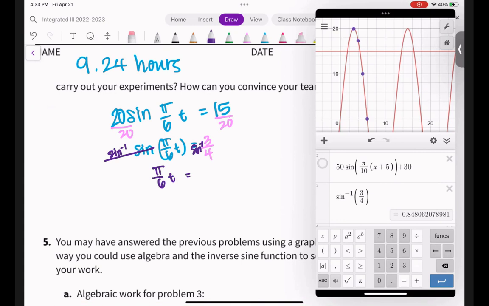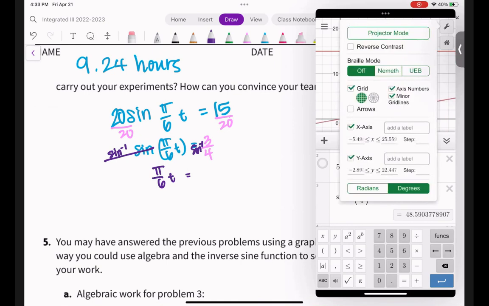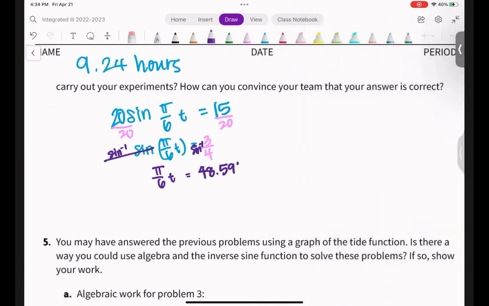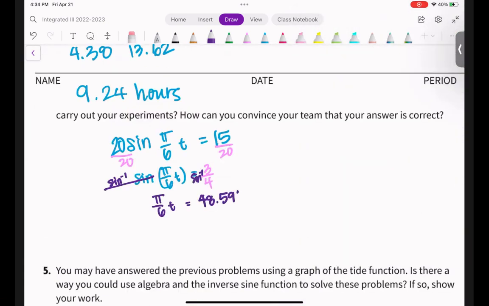Let's see. I think I'll do this in degrees. 48.59 degrees. Okay, so you're like, but Miss Johnson, that's not the answer. I know, because I still have to work. And this is the weird part, because I have pi over 6 as the answer.